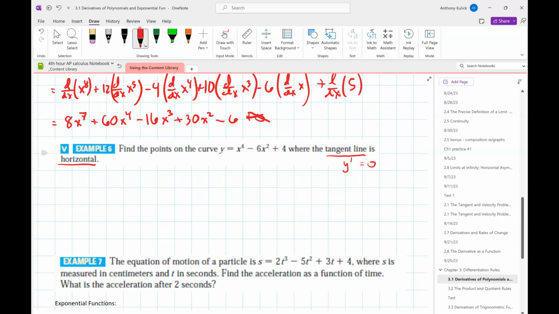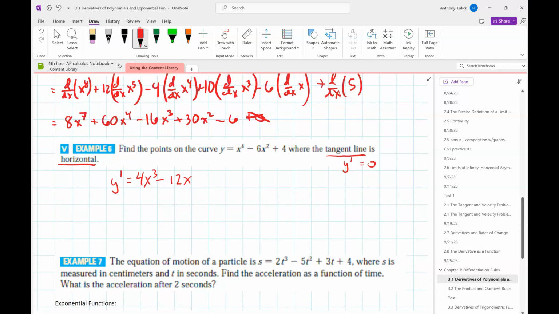Long time ago. All right, well, what's y prime going to be? Who can tell me? You can use the rules. 4x to the third minus 12x. Just 12x. Plus 4. Plus 0.